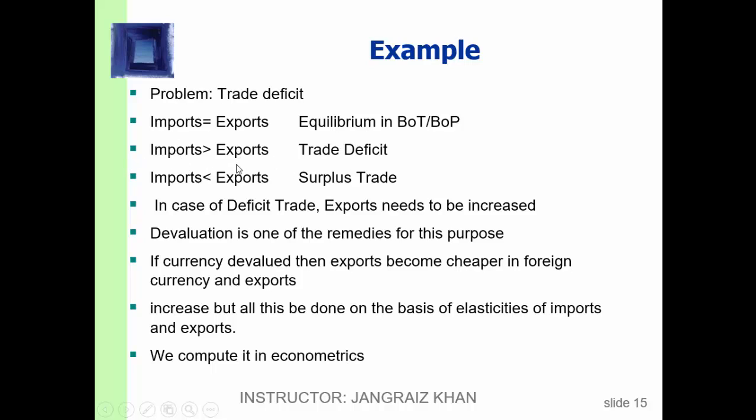If imports are greater than exports, we say there is a trade deficit, and if imports are less than exports, or exports are greater than imports, we say the trade is in surplus. In case of equilibrium, balanced trade or surplus trade are in favor of the country, while trade deficit is mostly not in favor of the country.